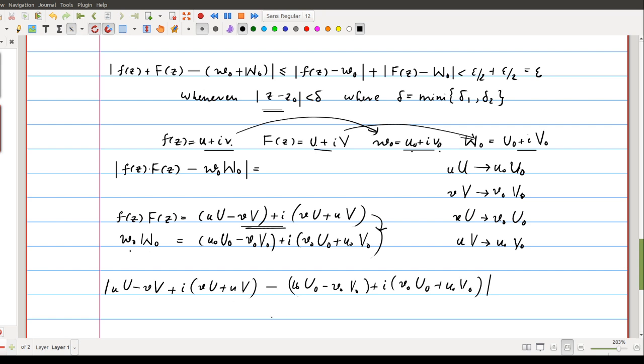We need to prove that the difference between these two quantities is less than epsilon.